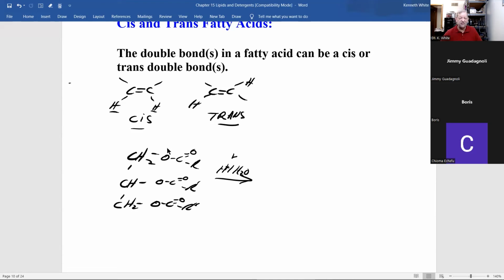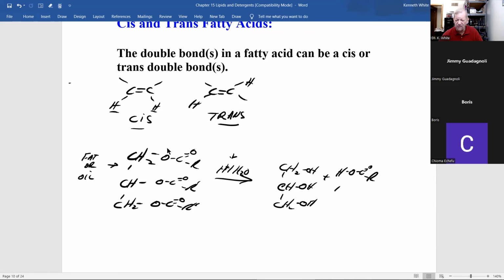And in your stomach, there's acid and water. If you eat a fat or oil, you'll make glycerin. I'm going to do this fast because I've already done this. Plus different fatty acids.